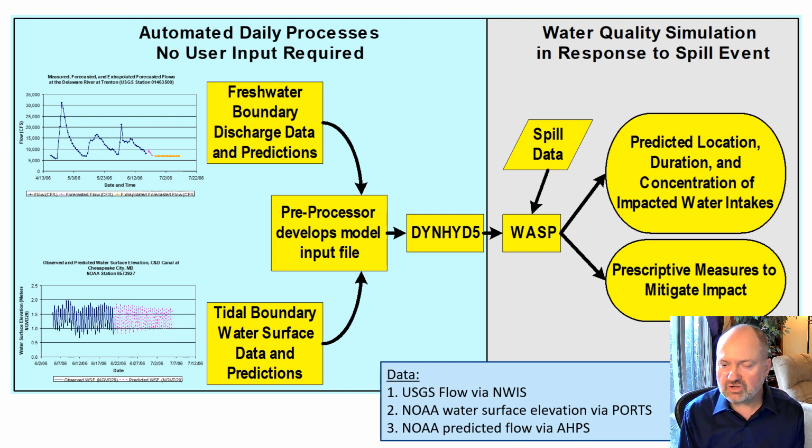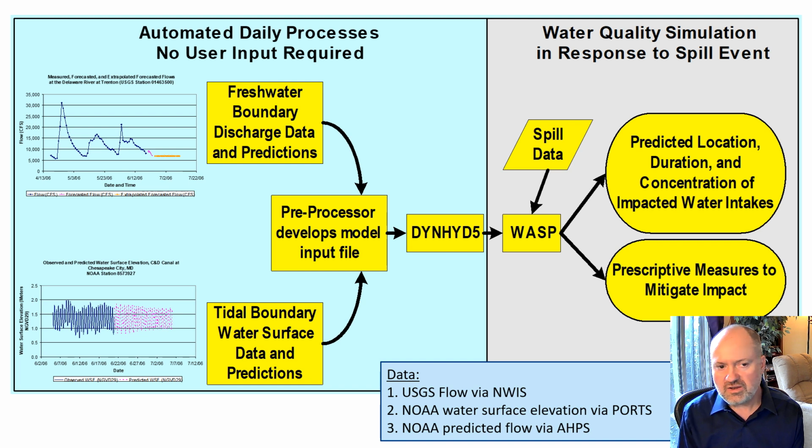But when there is a spill, we feed that output file forward into our WASP water quality model, and we add information about the spill, and we can predict the location, duration, and concentration of the plume, and we can also identify what intakes are likely to be impacted.